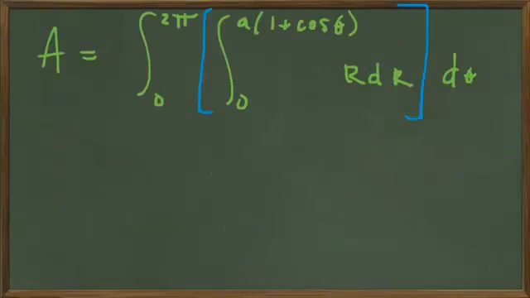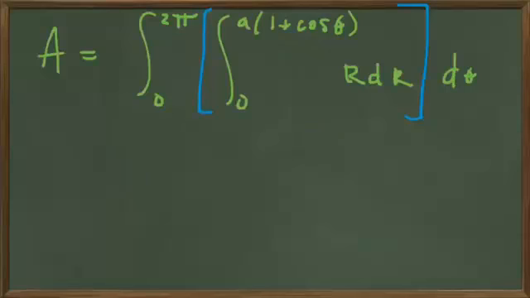So when we do a double integral, we do the inner integral first and then do the outer integral. So this inner integral is a dr integral. Notice that the limits of integration here and here are going to convert us to the variable theta once we plug those in. And I didn't talk about these theta limits of integration. Since we're going all the way around the cardioid, it goes from 0 to 2 pi.